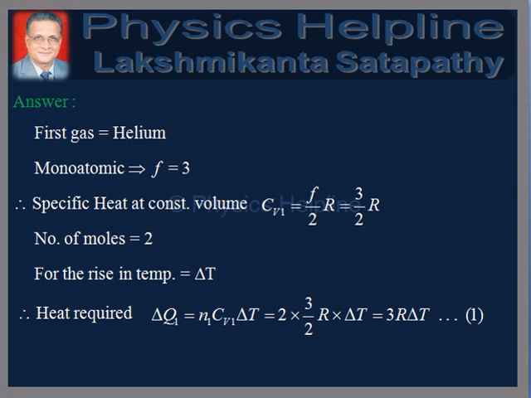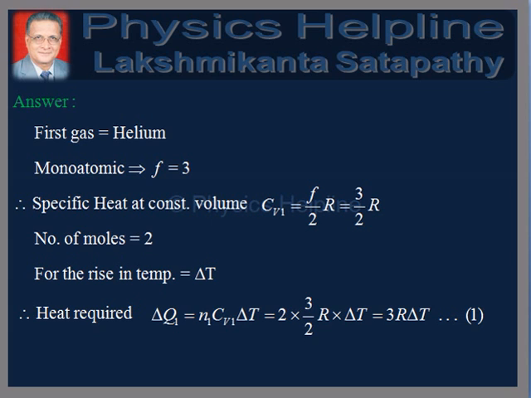Now for the answer. The first gas is helium. It is monoatomic. Therefore, f is equal to 3. Therefore, specific heat at constant volume is given by Cv1 is equal to 3 by 2 into R. It is given that number of moles is equal to 2.